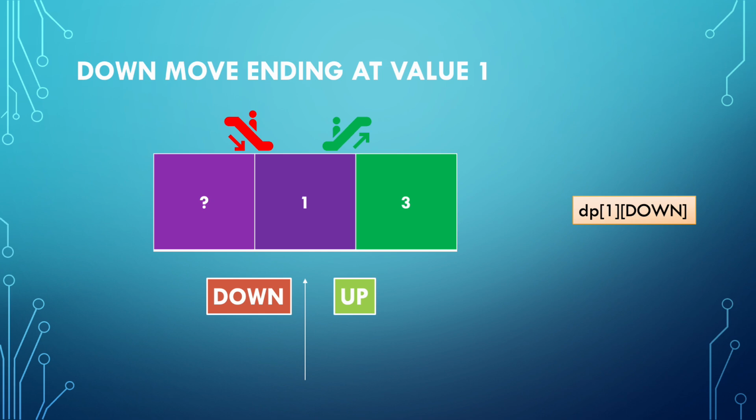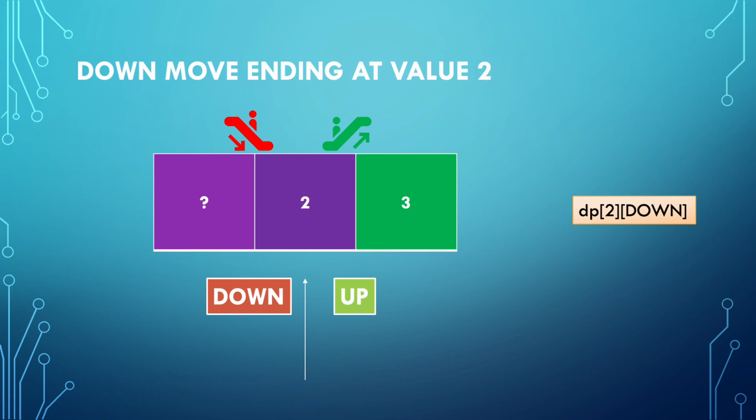So how would we get this value? How do we get even this value? So dp of value, the number of valid arrays ending at 1, index 1, when the last move was down. So see, the last move is downwards.